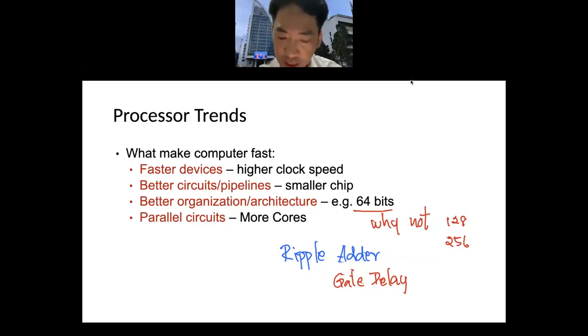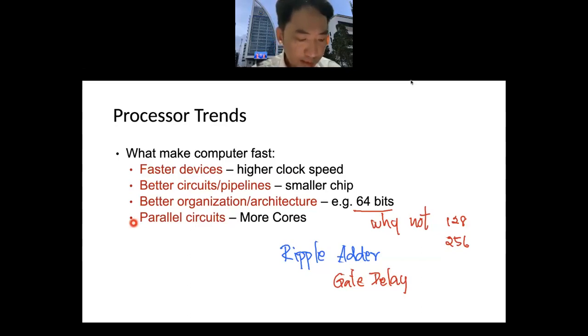That is why in the technology nowadays, we believe that 64 bits is a good choice. We can go to 128, but it is not necessary for now. So I will discuss the gate delay again in chapter 3.